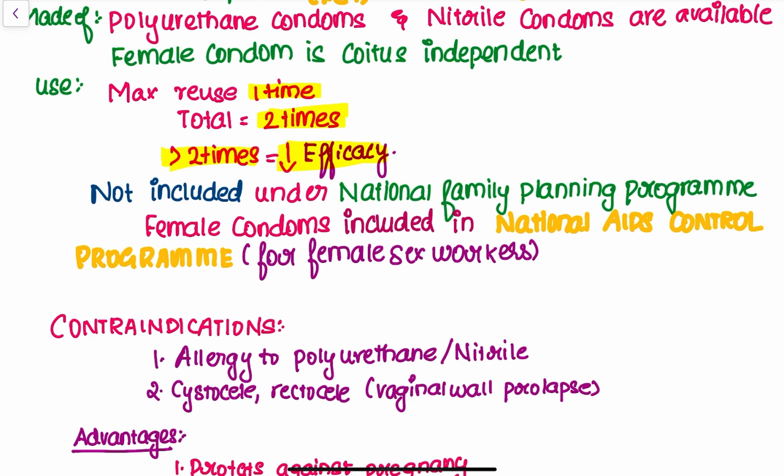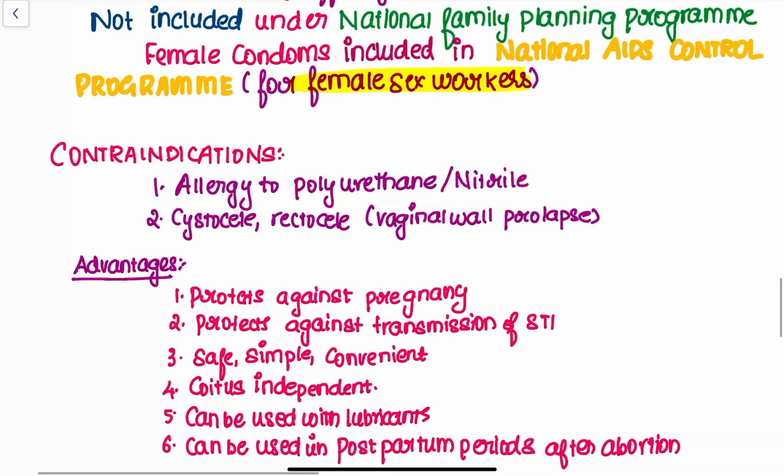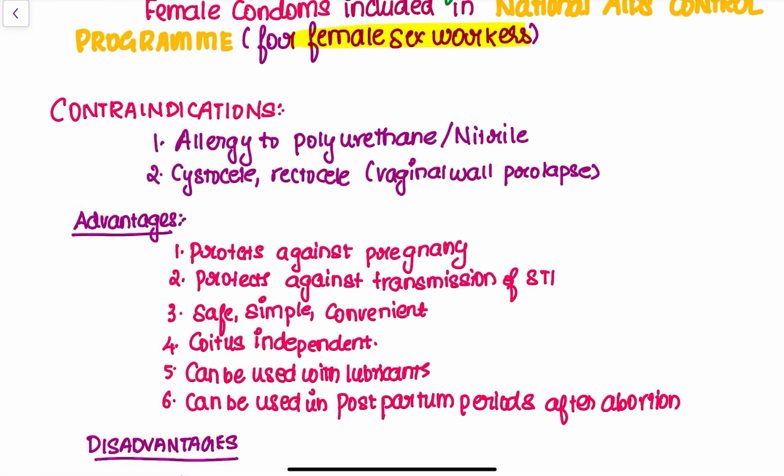So for all female sex workers, in order to prevent AIDS, they are giving these female condoms. So the female condom is included in the National AIDS Control Program, and the male condoms are included in the National Family Planning Program. Clear? Yes.